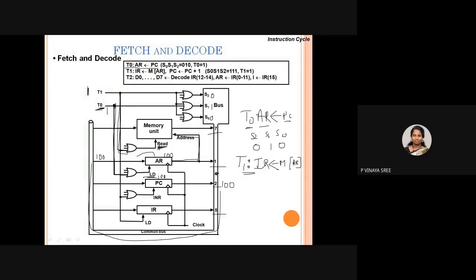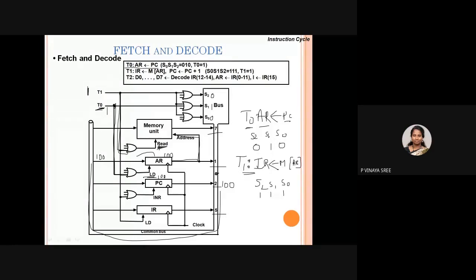Then whatever instruction is present here must be placed in the common bus. For that, all three selections S2, S1, S0 must be what? 7 indicates what selection? All ones. So all ones means we have to connect this T1 to all the OR gates.